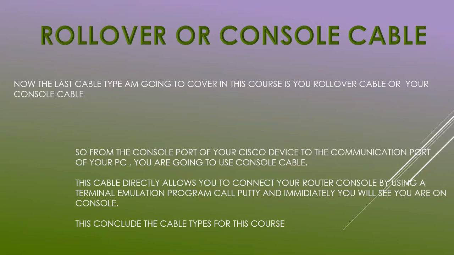This cable is directly connected to your router's console by using a terminal emulation program called PuTTY, and immediately you will see that you are on the console. This concludes the cable types for this course.